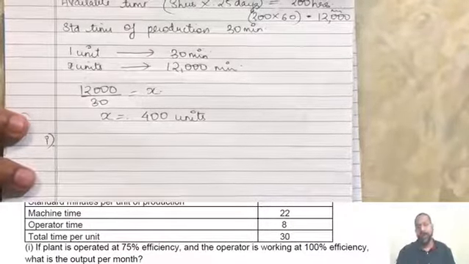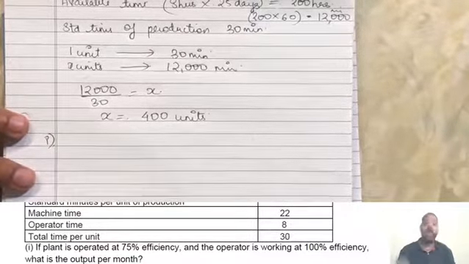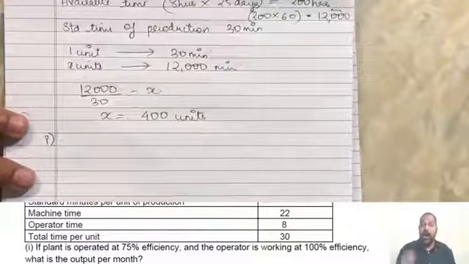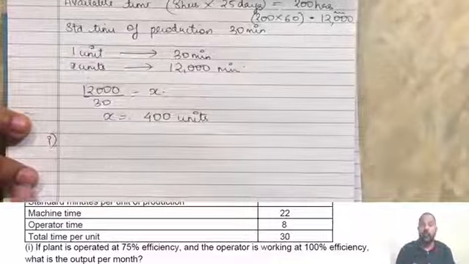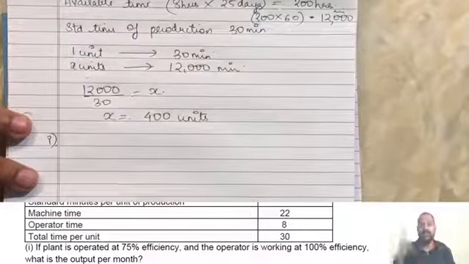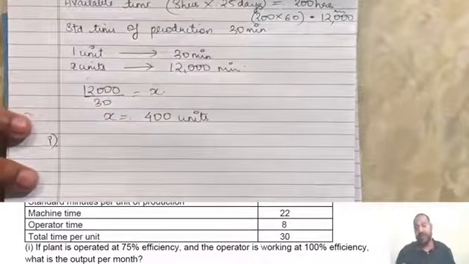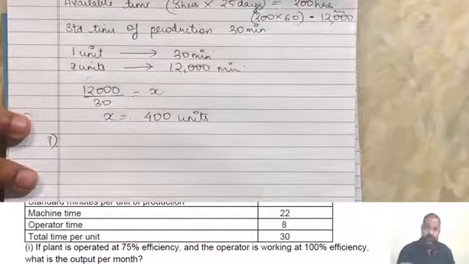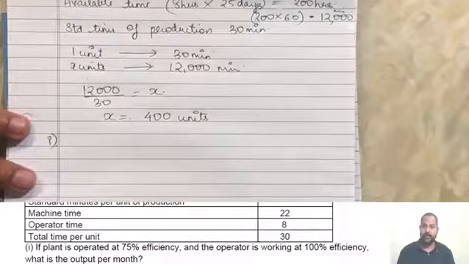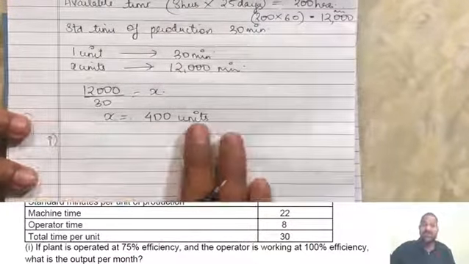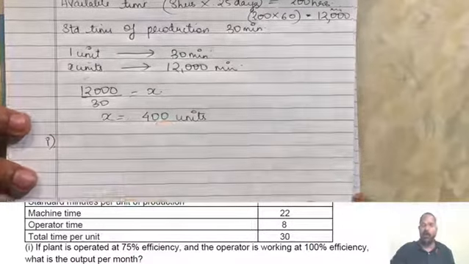Why? Because the plant is not working efficiently. If I give a plant 100 hours to function, it will only give me an output for 75 hours because it is only running at 75% efficiency. 25% will be wasted. So on a standard basis, I can make 400 units.